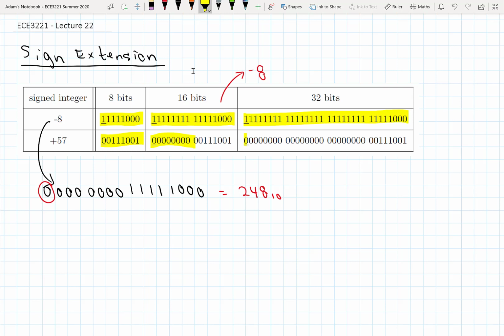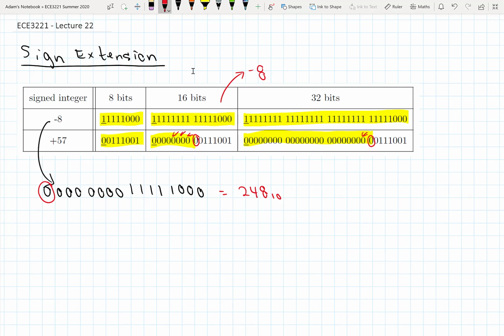But just the same, it's good to know that it is in fact extending that most significant bit from the original value. In this case, that most significant bit again is getting extended into all positions, whether it's being extended to a 16 or 32-bit value.